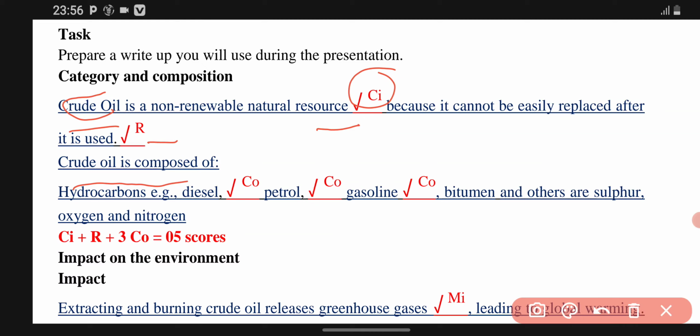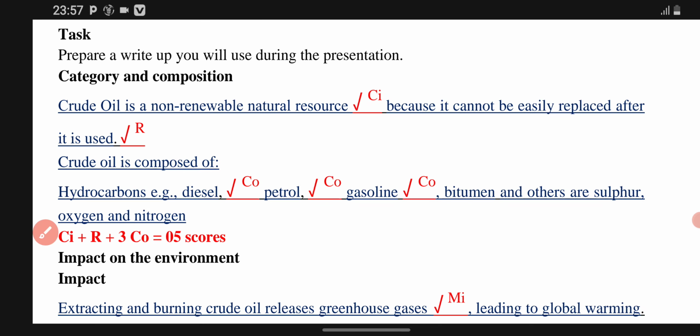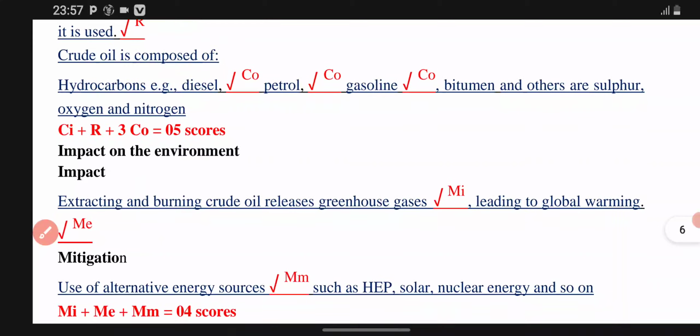We have sulfur, you get oxygen, we have nitrogen, all of those ones. So from there, now you have finished identifying the category and composition of that natural resource. Then you go to the next point.